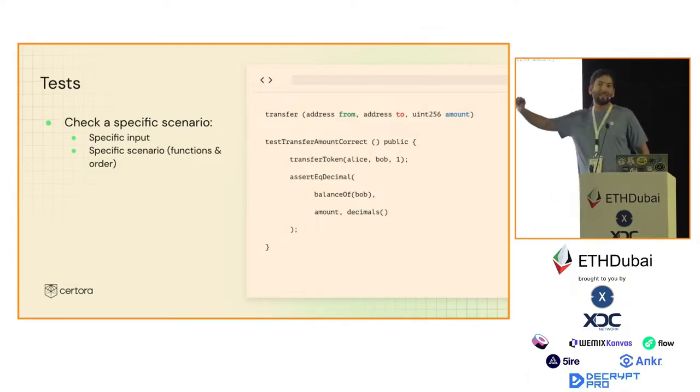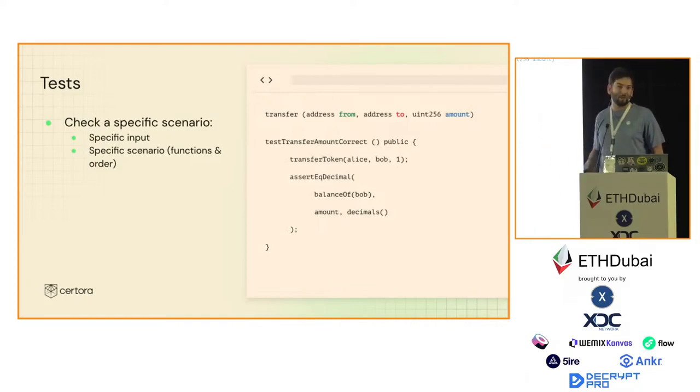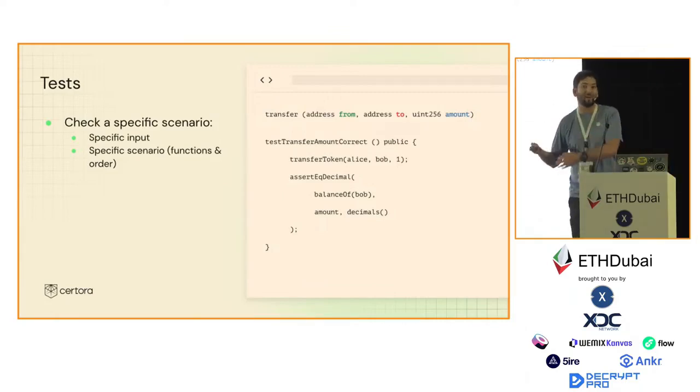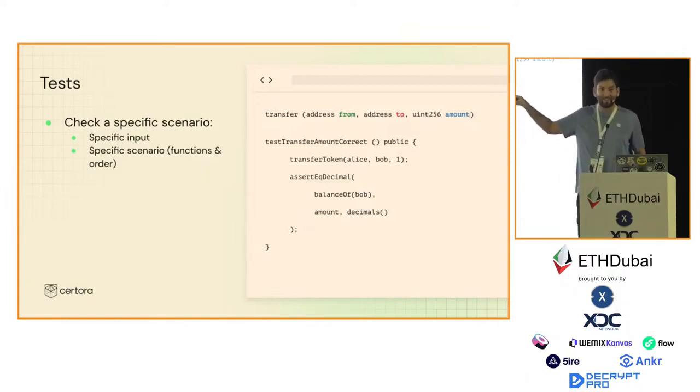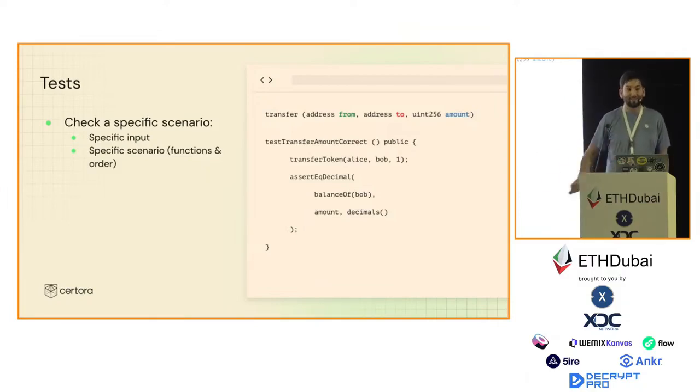One common theme among all tests is that they all check for a specific input: 2 specific addresses, Alice and Bob, and a specific amount of 1 token that we try to transfer. We're also checking for a specific scenario, a specific combination of specific functions. In this case, only the single function transfer.